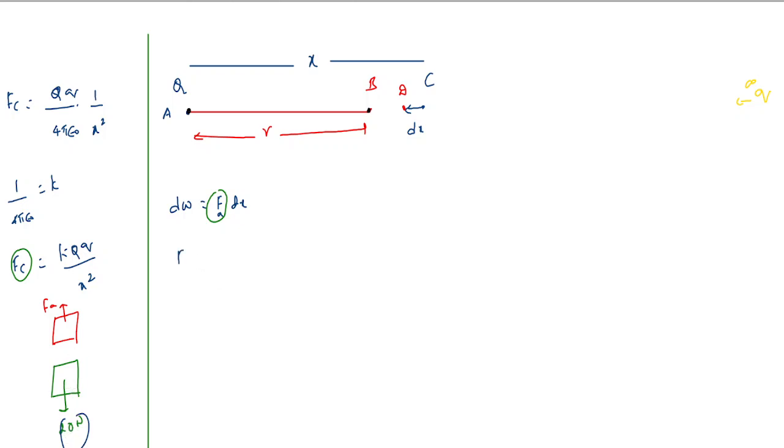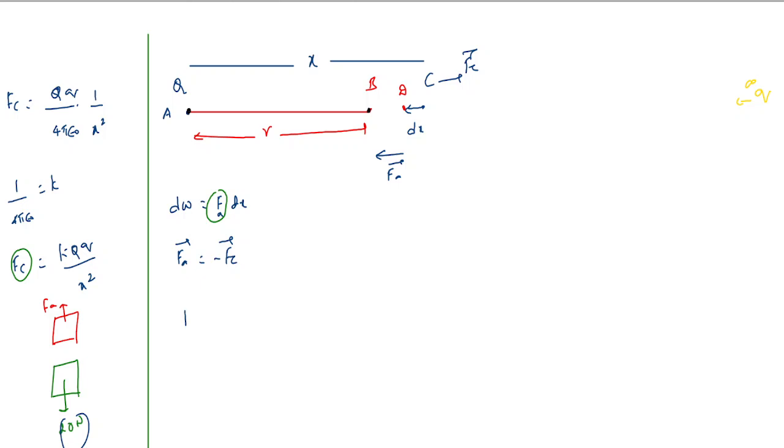So this applied force is equal to the Coulomb force with different directions. That is because the applied force is like this and the Coulomb force is like this. This is the Coulomb force. Therefore they'll have opposite directions.